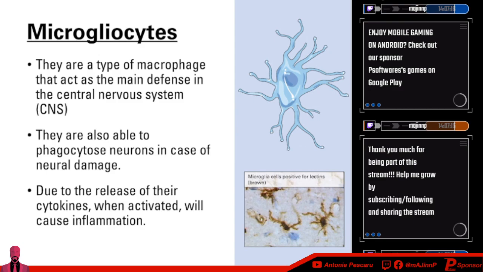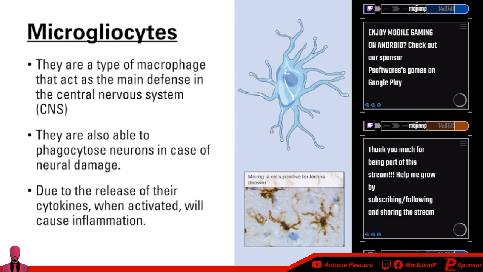Your neurons are like the type of organisms that dictate what happens in the human body. With that being said, microglia are considered to be a type of macrophage that acts as the main defense in the central nervous system.